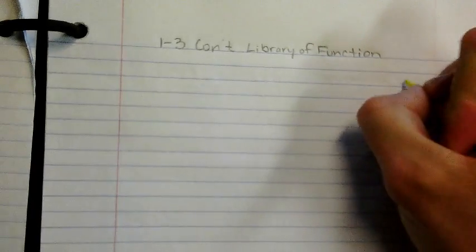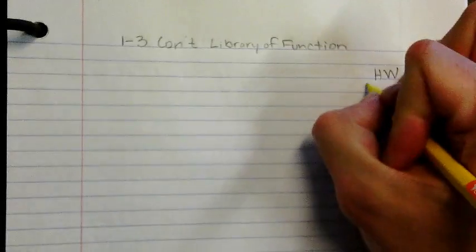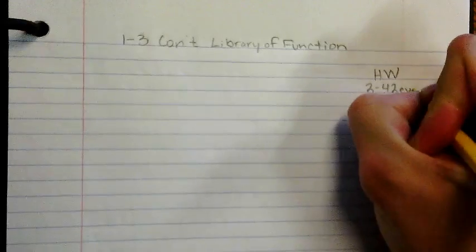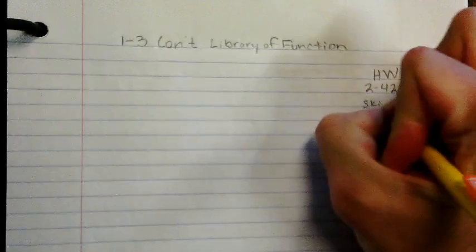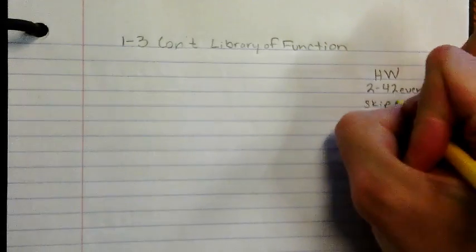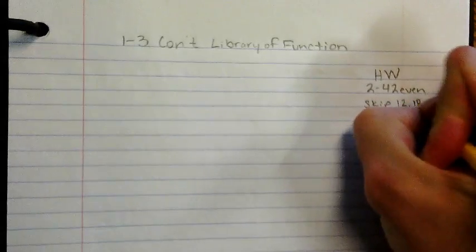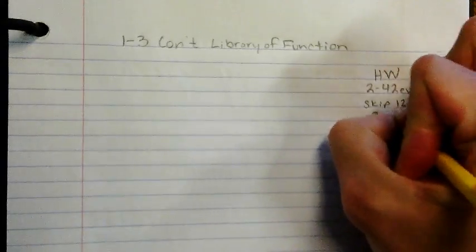I'm first going to give you what the first set of homework problems are from this lesson. 2 through 42 even. You can skip, though, 12, 18, 36, and 40. Okay.